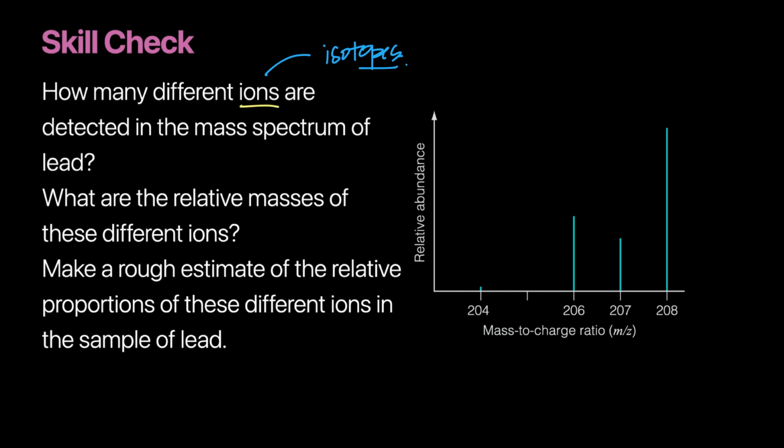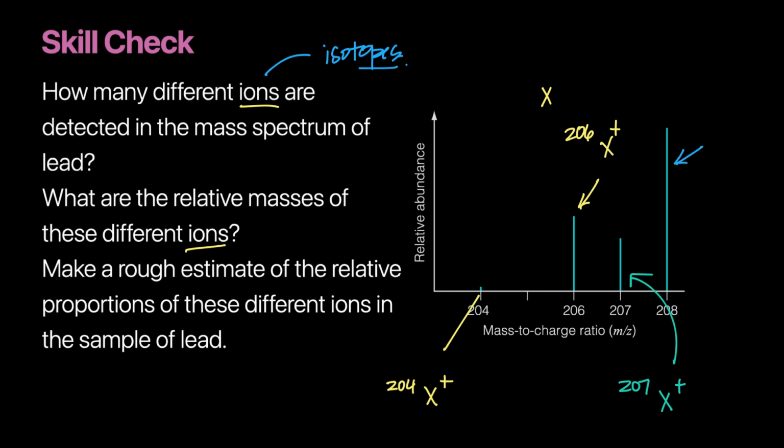So if this element was X, every peak here is for X 1 plus. This one is X 204 with a 1 plus charge, this one I'm pointing to is X with a mass of 206 and a 1 plus charge, 207 is X with a mass of 207 and a 1 plus charge, and the last one is the element X with 208 and a plus charge.